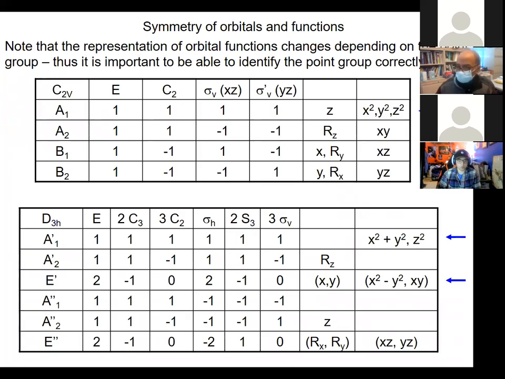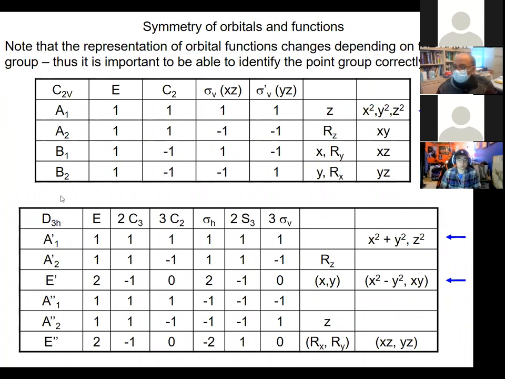So here is an example of two different point groups and their character tables. On the top, we have the character table for C2V. At the bottom, we have D3H. C2V, you can imagine it is for water, and D3H is the one that I showed you in the previous lecture, BCl3. BCl3 is a D3H point group.